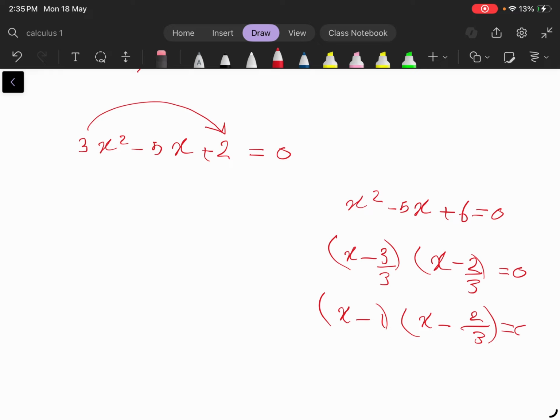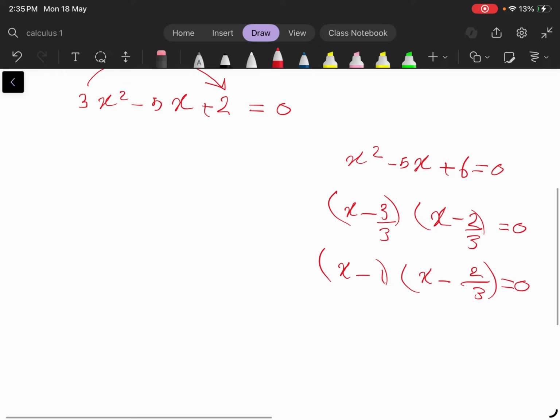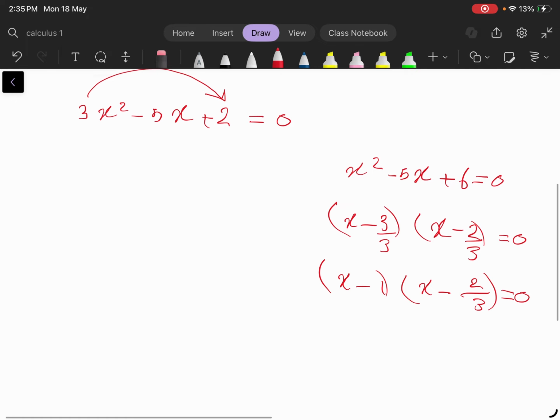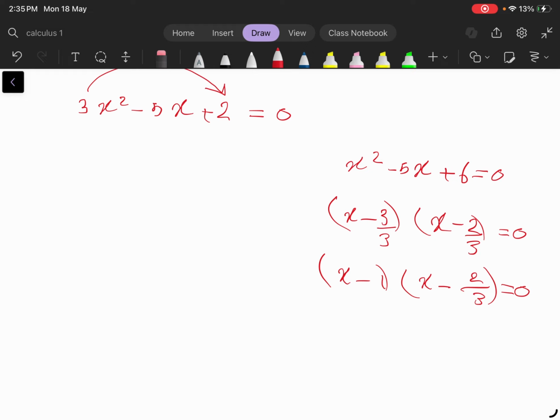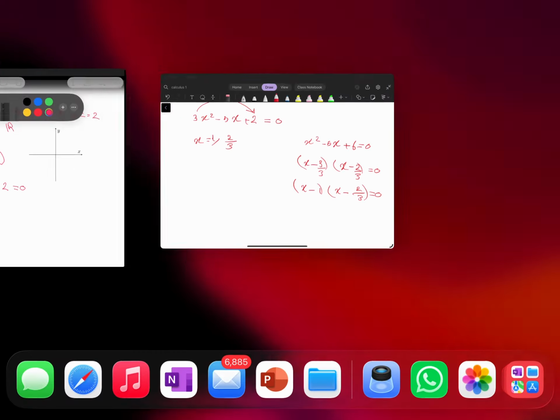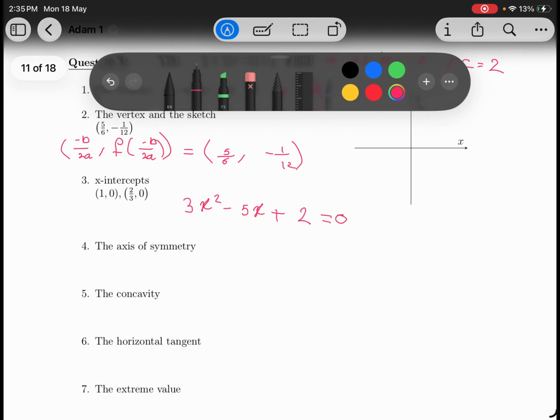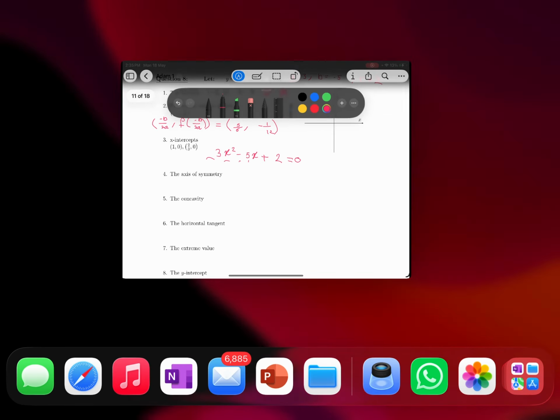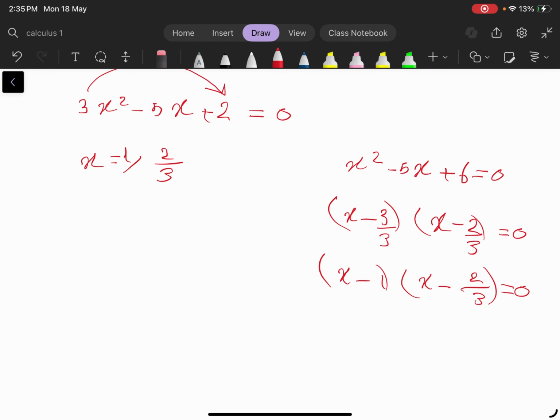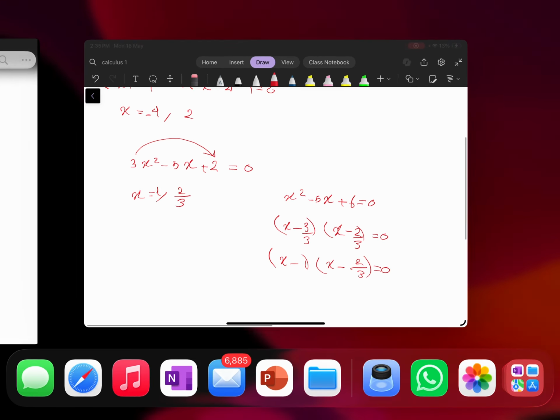I am not looking for the factors, I'm looking for the zeros, and doing this will not change the zeros of the original equation. So the zeros are 1 or 2/3. That's why, if we come back to this, the x-intercepts are (1, 0) and (2/3, 0). And you can fill in the solution from this blank here, okay?